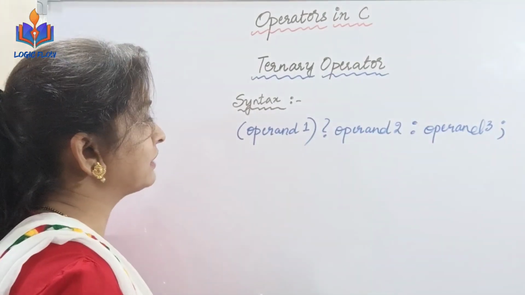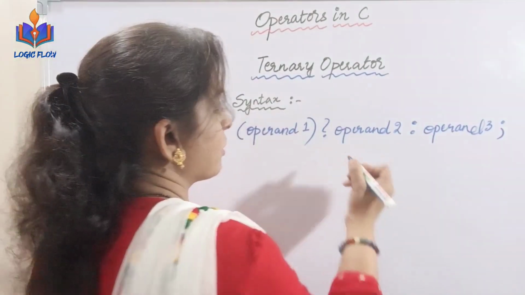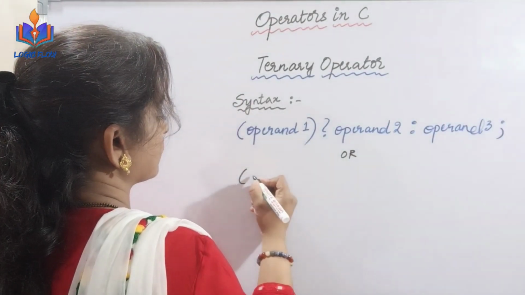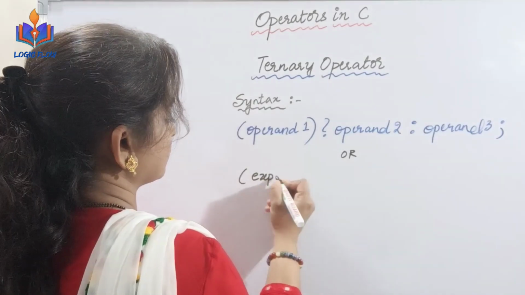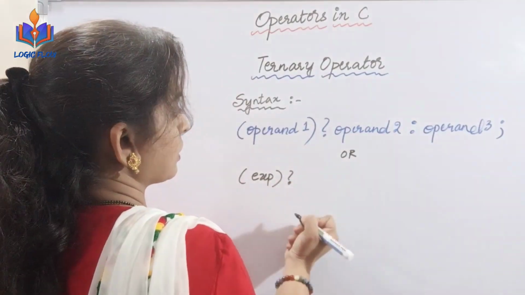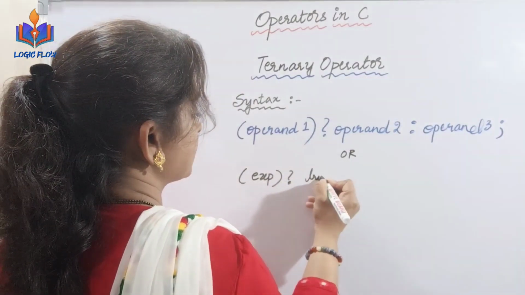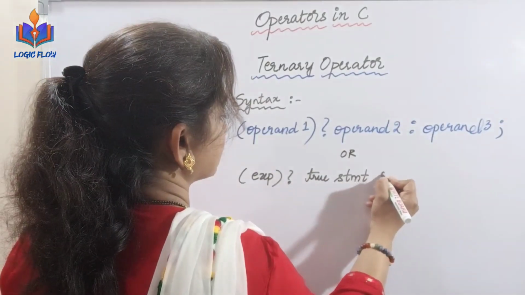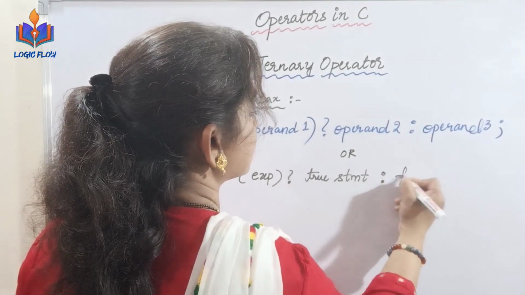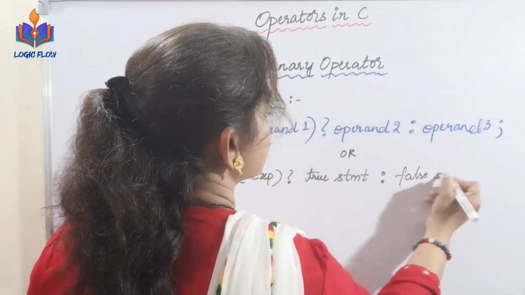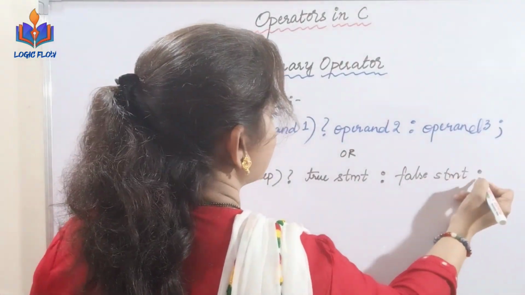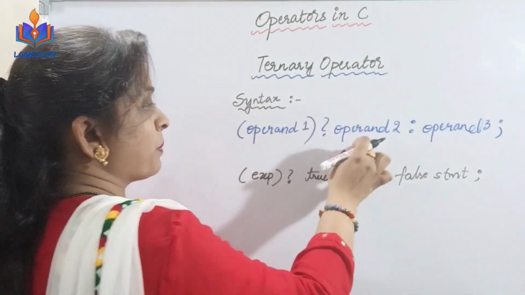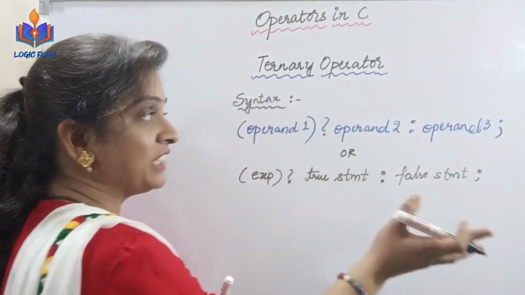I can also write this another way: expression, question mark, true statement, colon, false statement, and semicolon. You can observe here, you have operand 1, operand 2, operand 3.